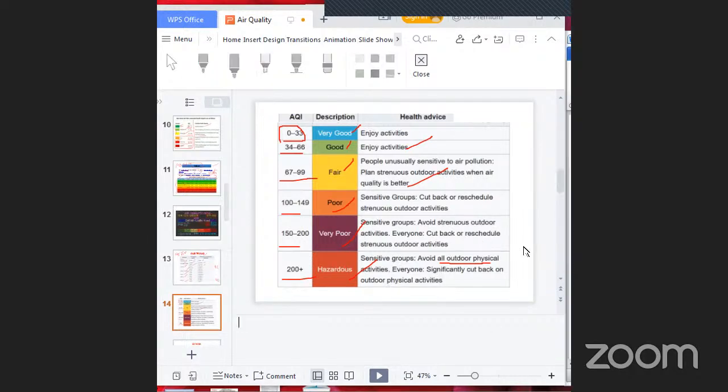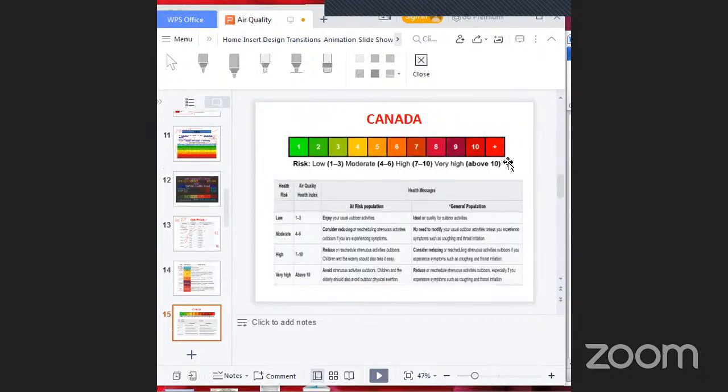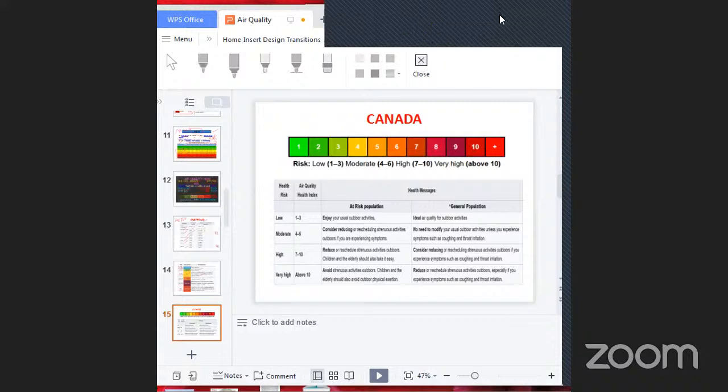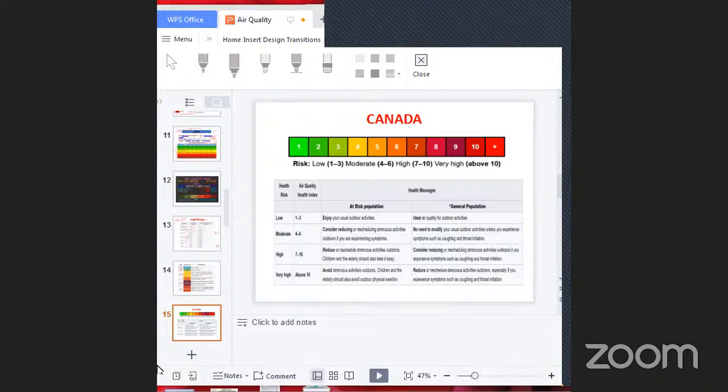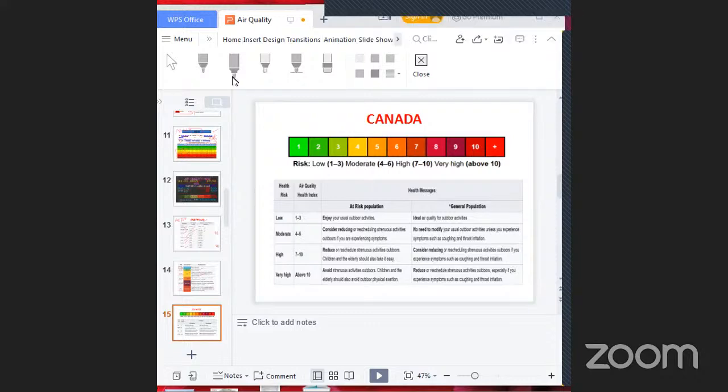Then next we are going to Canada. Air quality in Canada has been reported for many years with provincial air quality indices, AQIs.